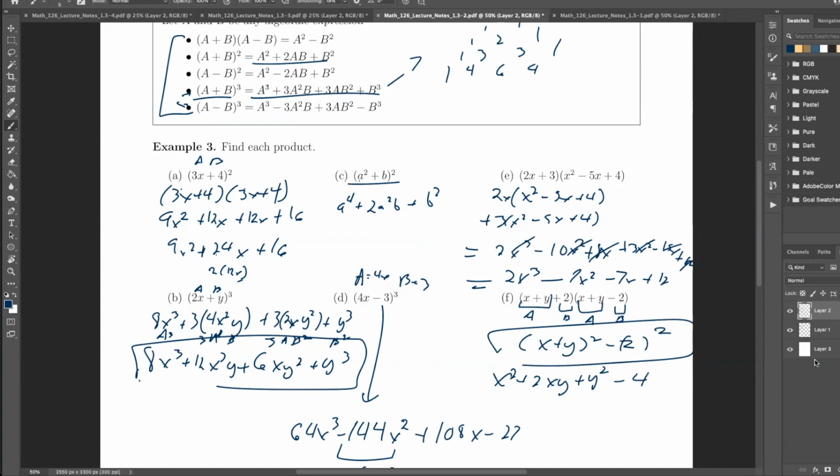Do you have a problem with the box method? I'm not positive I know what method. I don't know if I know that method, or at least I don't know it by that name.